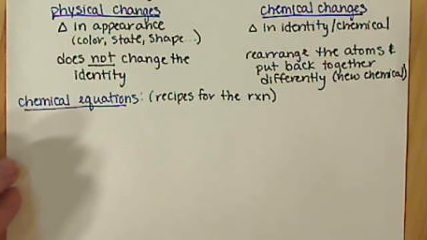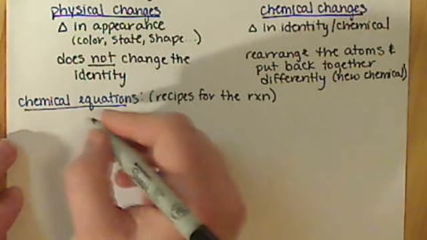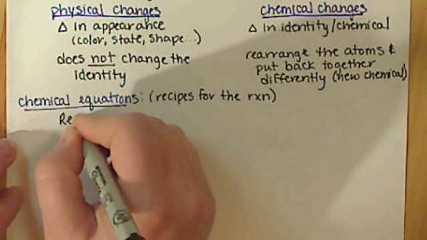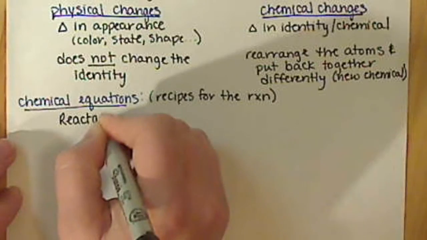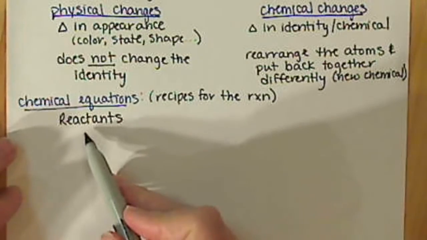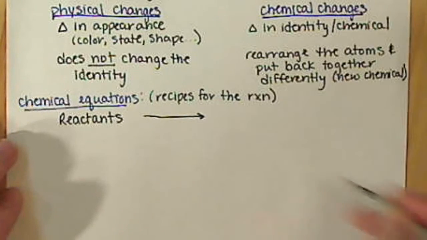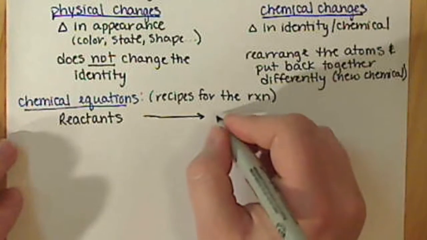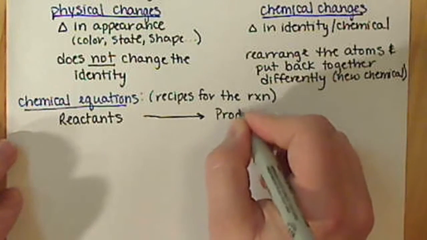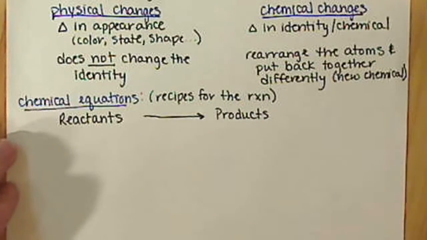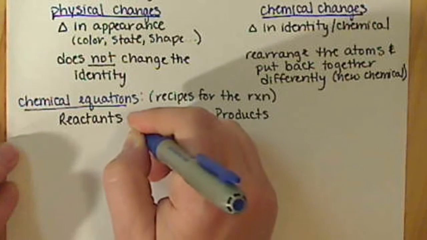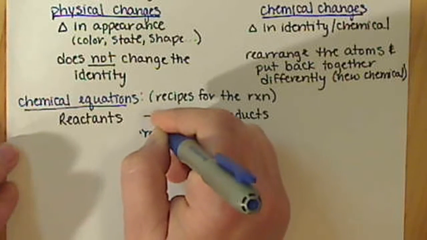The basic components of our chemical equation is we're going to start with our reactants on the left-hand side. Then we'll have an arrow that will point to our products. We just call this our reaction arrow.